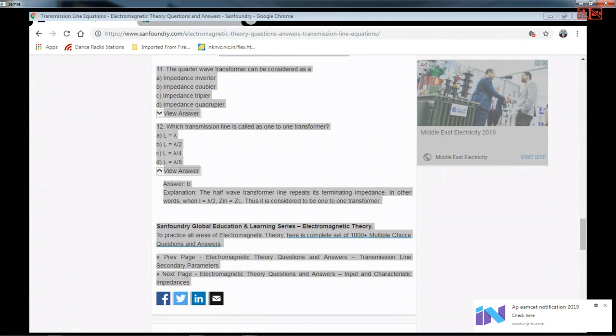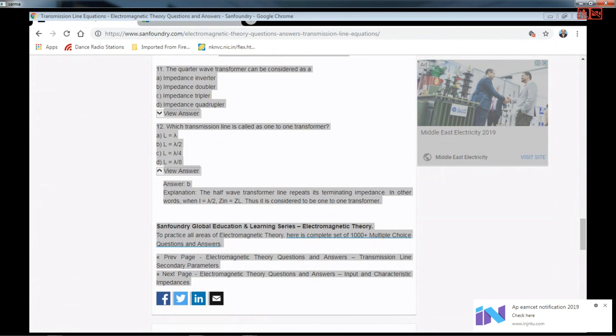Please remember, the reflection coefficient magnitude changes between 0 and 1. If that is the case, what is the range of values possible for VSWR, the voltage standing wave ratio? As you substitute 0 in the expression 1 plus mod gamma by 1 minus mod gamma, you get the S value as 1.